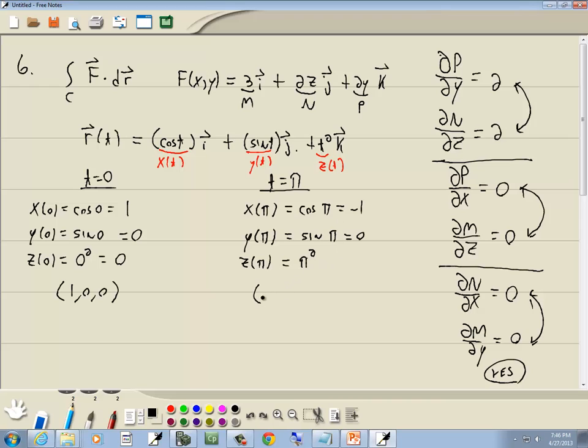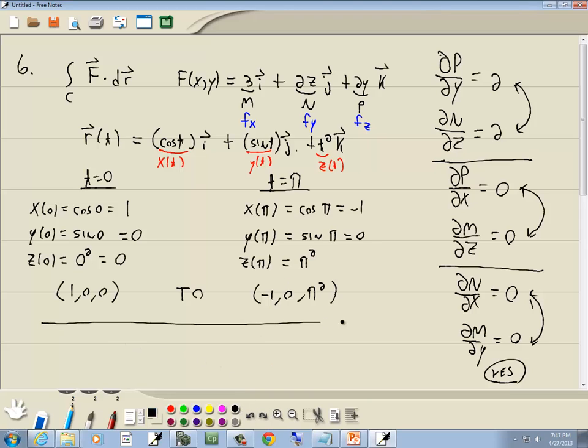So this point here then will be (-1, 0, pi squared). So it's going from this point to this point. So now we have our points. We need to find our potential function. Now remember, up here, besides this being M, N, and P, this is our partial with respect to x, this is our partial with respect to y, and this is our partial with respect to z.